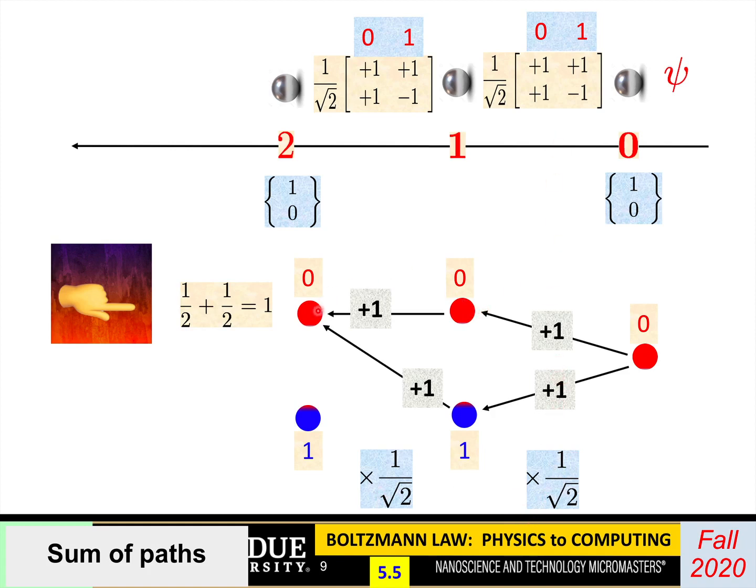Next, again 0 to 0, that's again a plus 1. You go through the other path, 0 to 1, that's plus 1, and then 1 to 0, that's also plus 1. So the amplitude of the top path is 1 over root 2 times 1 over root 2, that's a half. The bottom one is the same, 1 over root 2 and 1 over root 2. And you add them up and you get 1.